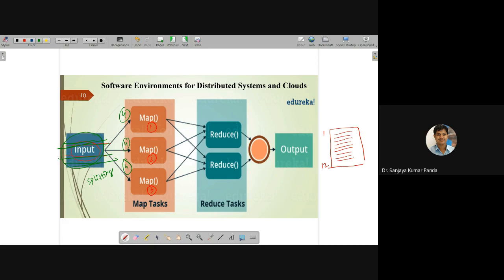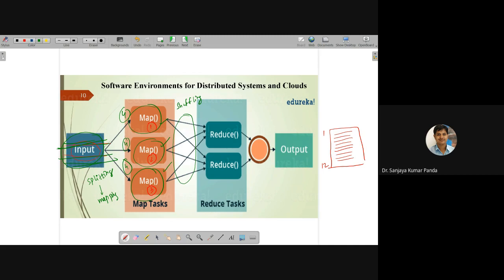Once splitting is done, we go for the process of mapping. You can see there are different mappers through which we can generate the key value pairs. Once you get the key value pairs, before going to the reduce phase, we use a process called shuffling. We have to shuffle it, because you may get different values in this map function with respect to a key value pair, different values here and there. Before reducing, you have to arrange them.